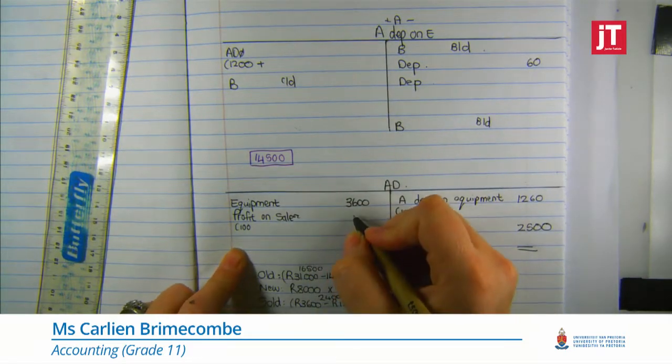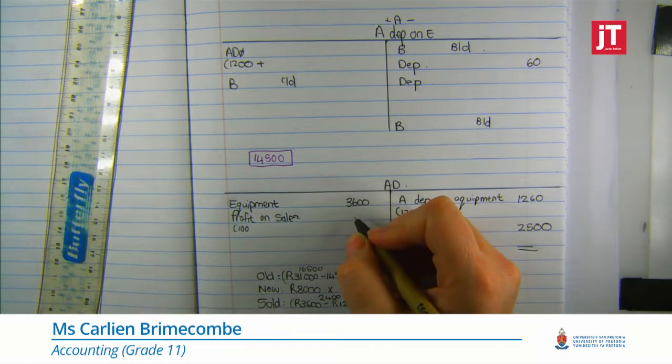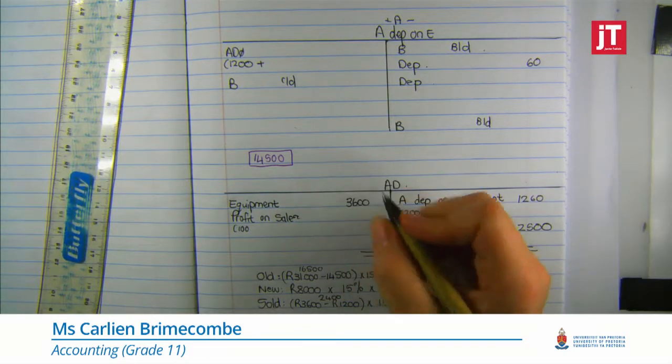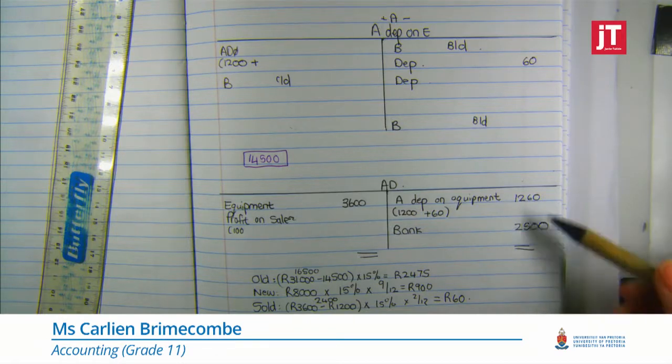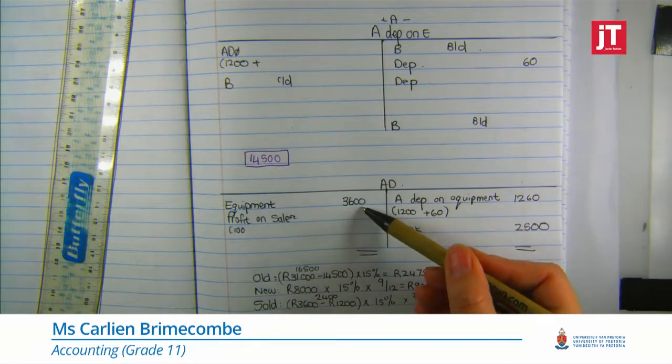So in total, what are you saying? 2340. I didn't get the same. Did you take 1,260 plus 2,500? Oh. Minus 3,600. What is your profit?